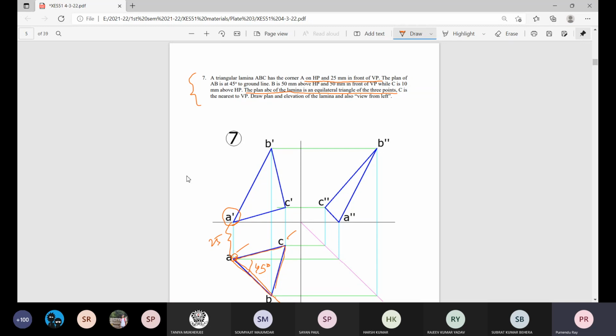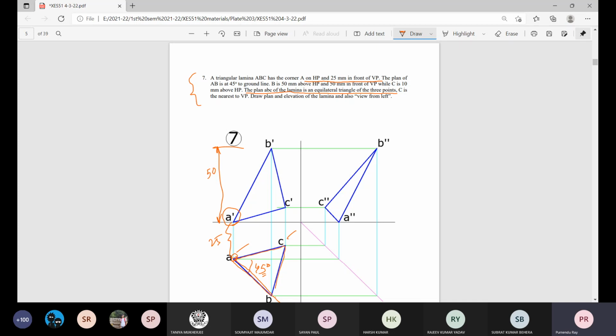And what about the elevation of the point B? The elevation of the point B is definitely connected to the plan by a single projector, and at this height. What about this height? Elevation of B? Sir, 50 millimeter. 50 millimeter. But directly you cannot locate this elevation point because the plan point is not identified. The only thing is, it is located on that 45 degree line. That's all. A is fixed.